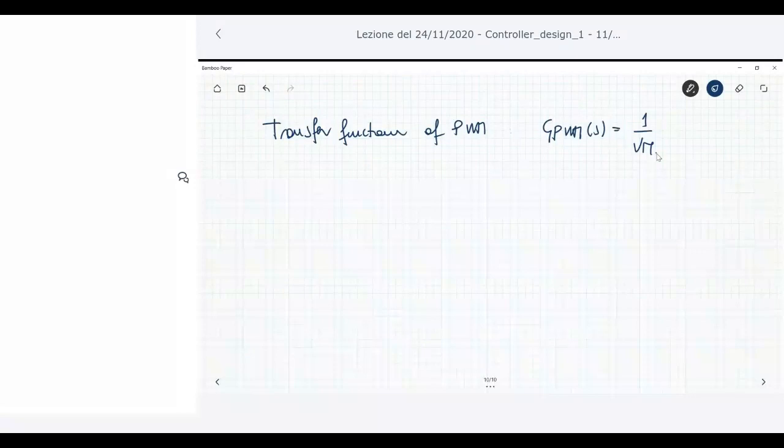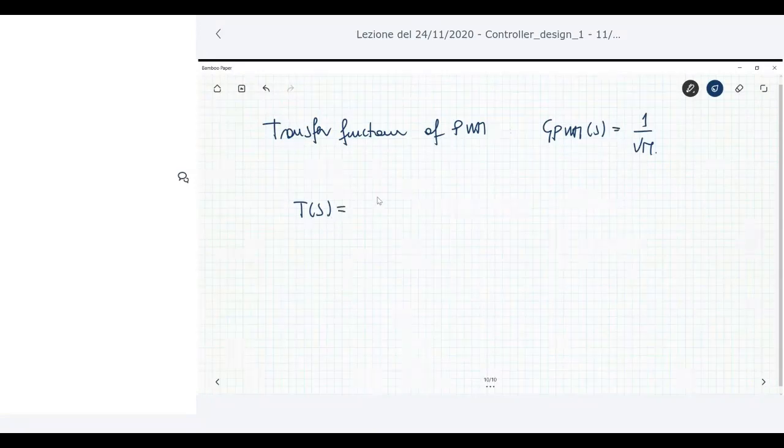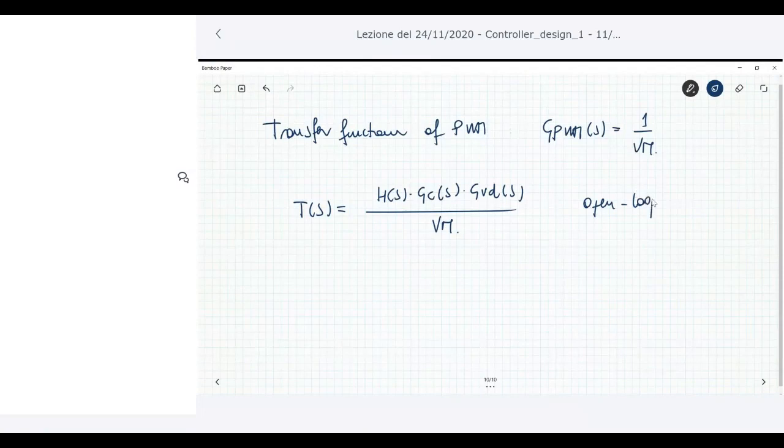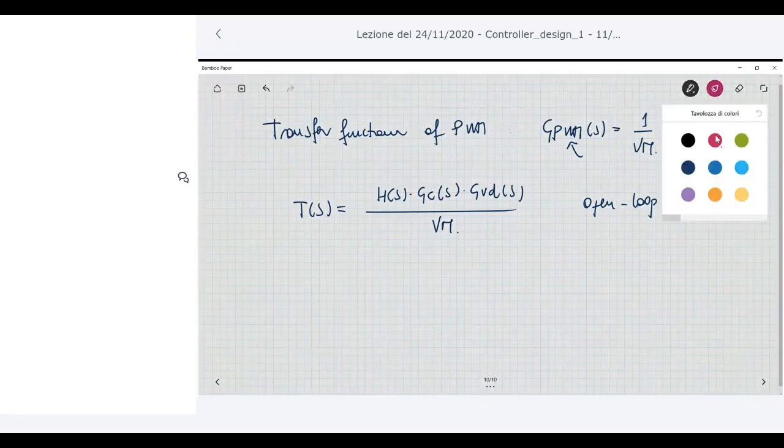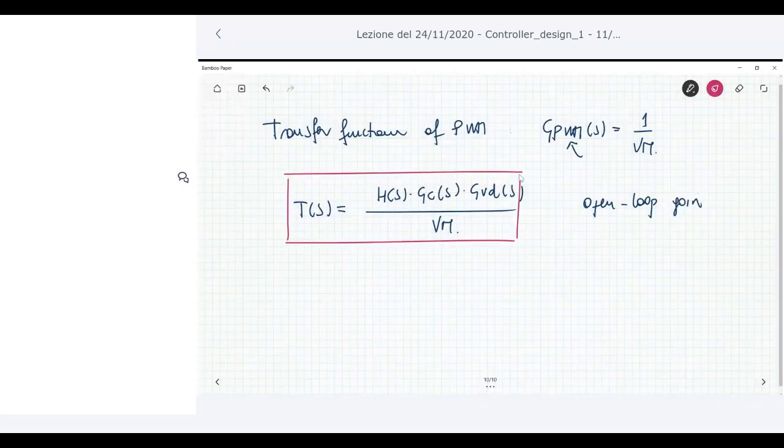In this way we can, for example, write the open loop gain, with H(s) here, which we can take as 1 in further derivation. This is my open loop gain, in which I replaced the G of the pulse width modulator by the peak value of the waveform in the modulator.